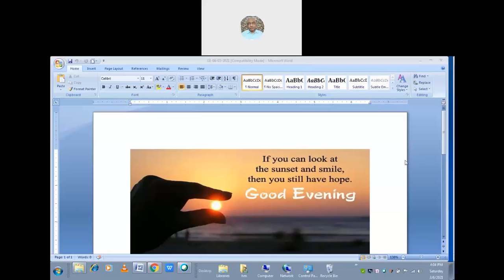Okay, no matter. And what is he holding between the two fingers? That is the sun, sir. Sun, very good. What are those fingers? I mean the names of the fingers. Sir, that is the left hand.